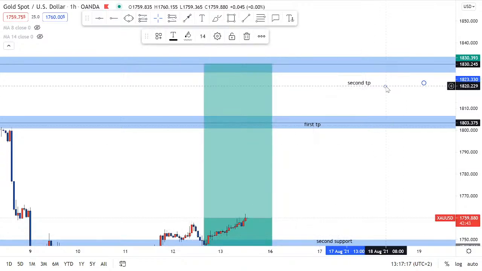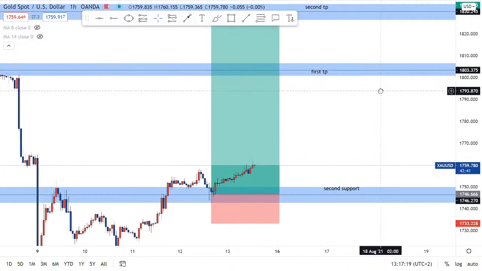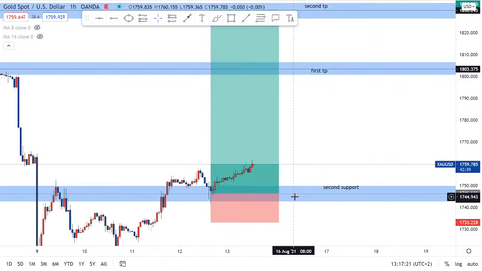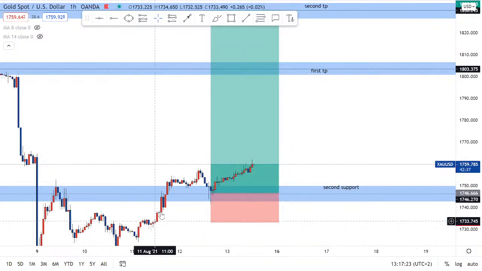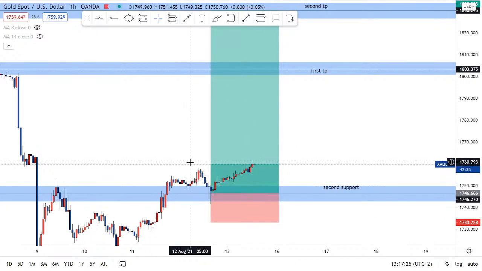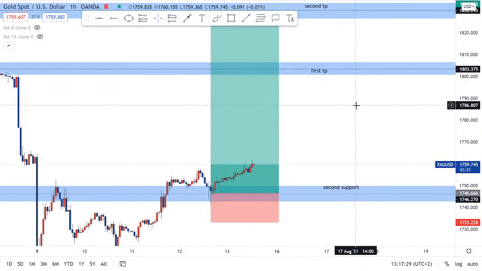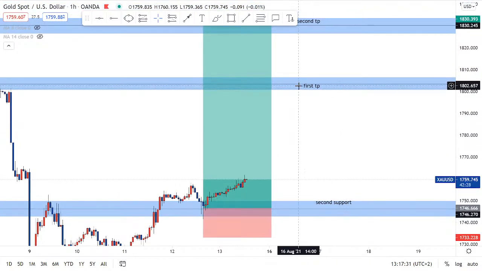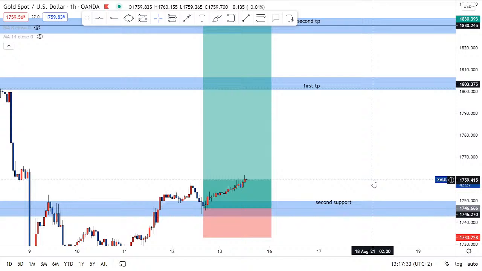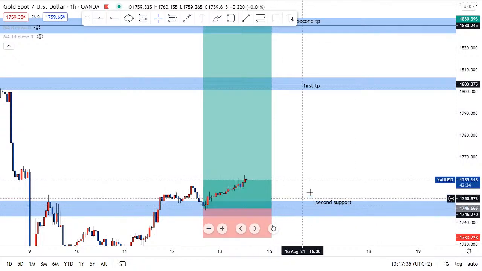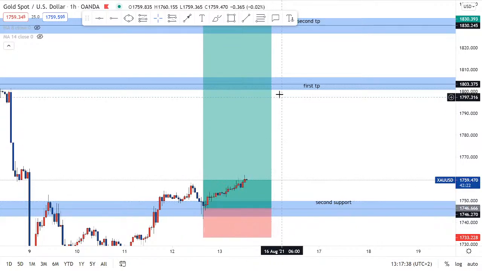I'm gonna explain what's gonna happen now. As you can see, the market is pushing up. The market broke above, came back to retest this area, and now it's pushing to the upside. So when I'm saying this is my first TP, this is my second TP, it means that if I entered with 4 positions, when the market reaches this level here, I'm gonna scale down.